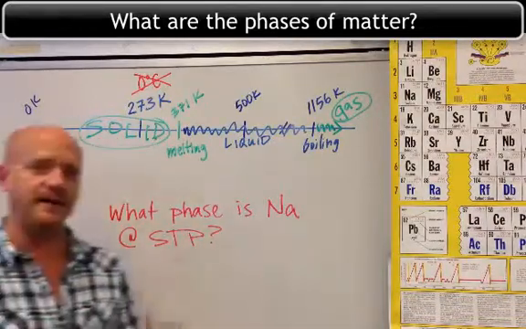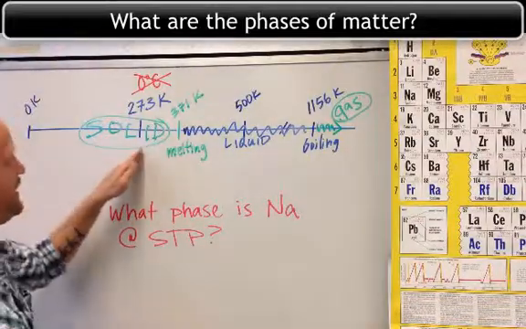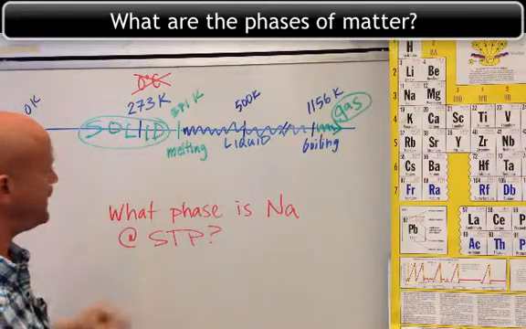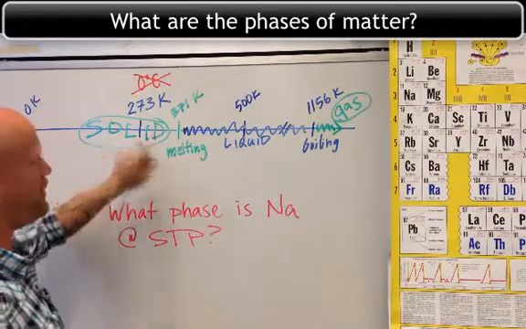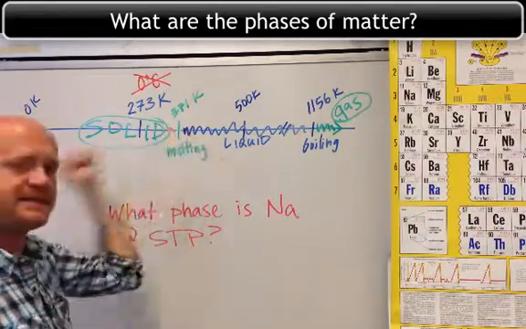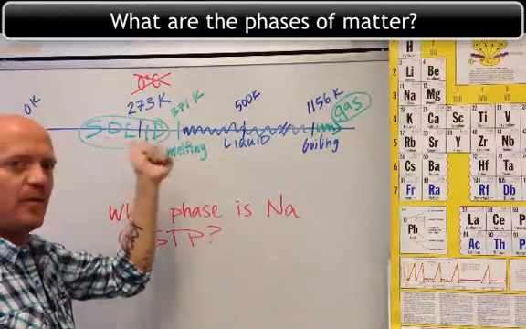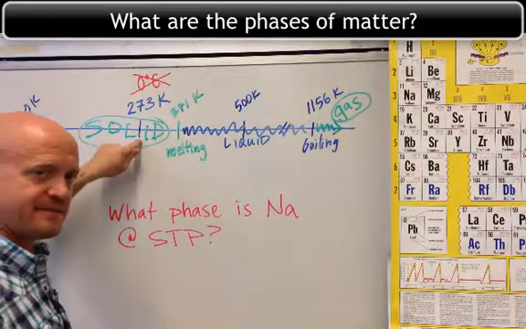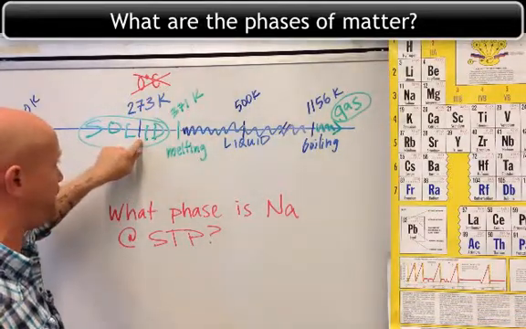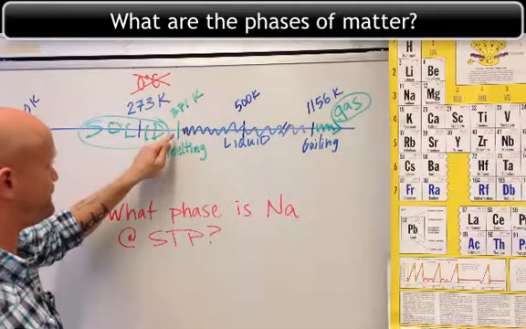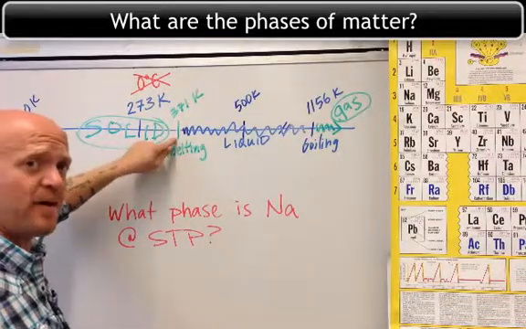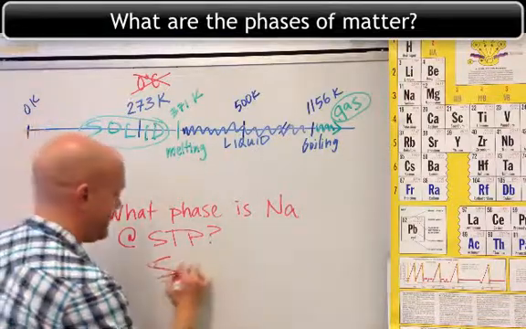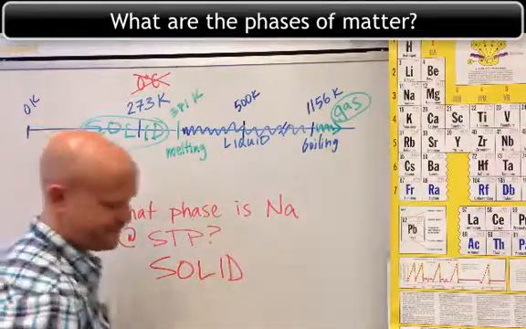So we're going to look over here at our information. STP, as I said before, is 273 Kelvin. At 273, we've already established that it is less than the melting point, which means you have to heat up the sodium past 273 Kelvin, keep going until it gets to 371, and then it will start melting. So anything down here is going to be a solid.